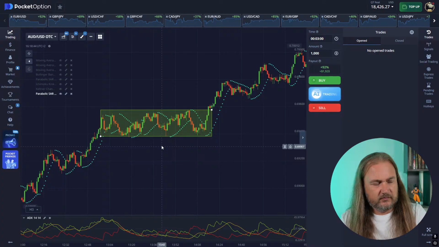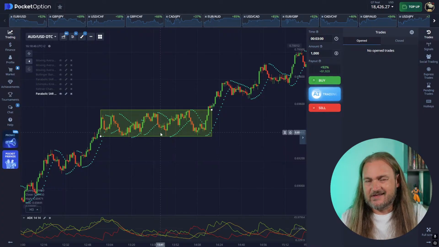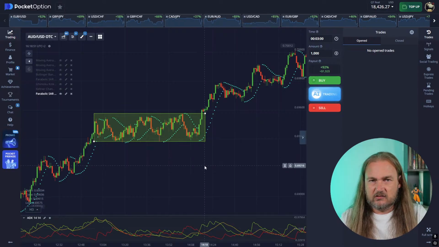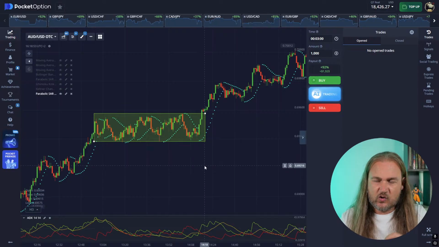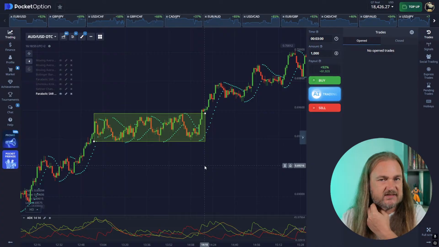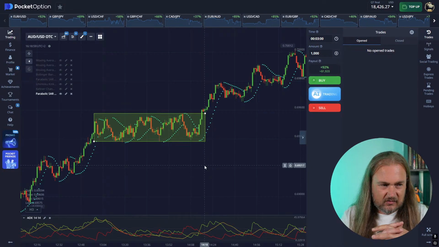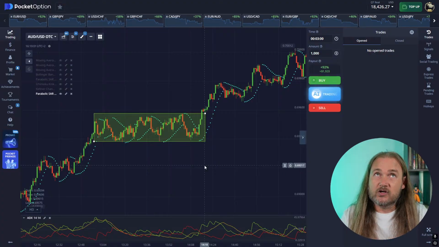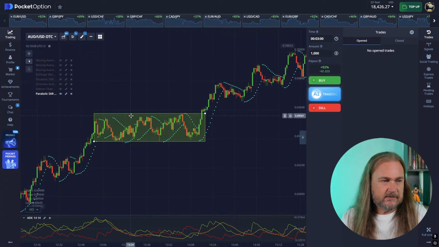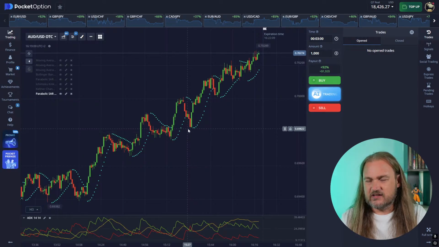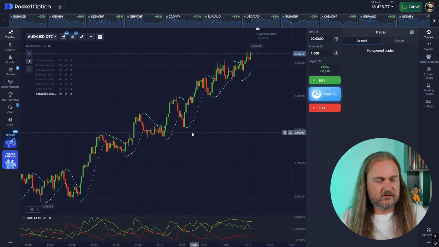As soon as you realize price is in the range, do not rely on the parabolic for entries, because it doesn't really work when price is ranging. This is a trend indicator. Trend indicators work well when price is trending. It's that simple. The trick is just to identify when we're in range and when we are trending.